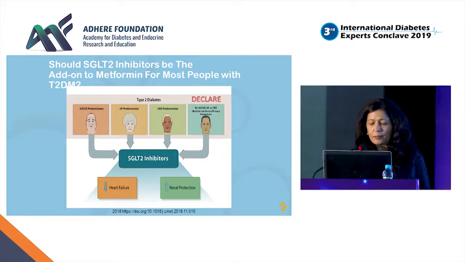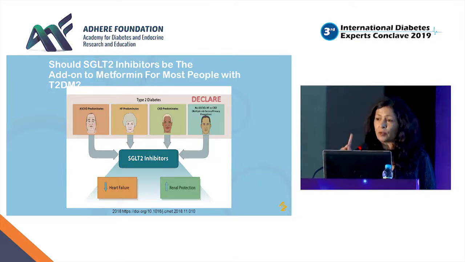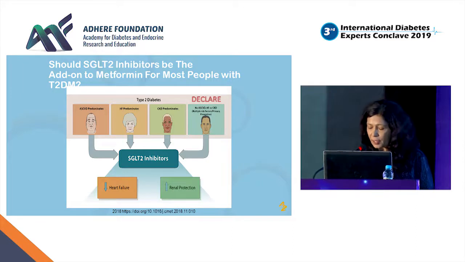So we know that patients with low GFR are benefiting from SGLT2 inhibitors, but let me remind you, SGLT2 inhibitors work best with preserved GFR and also help patients with lower GFR. What DECLARE actually showed us is that patients without established cardiovascular disease do get benefit, with a decrease in heart failure and protection of the kidneys. Thank you so much.